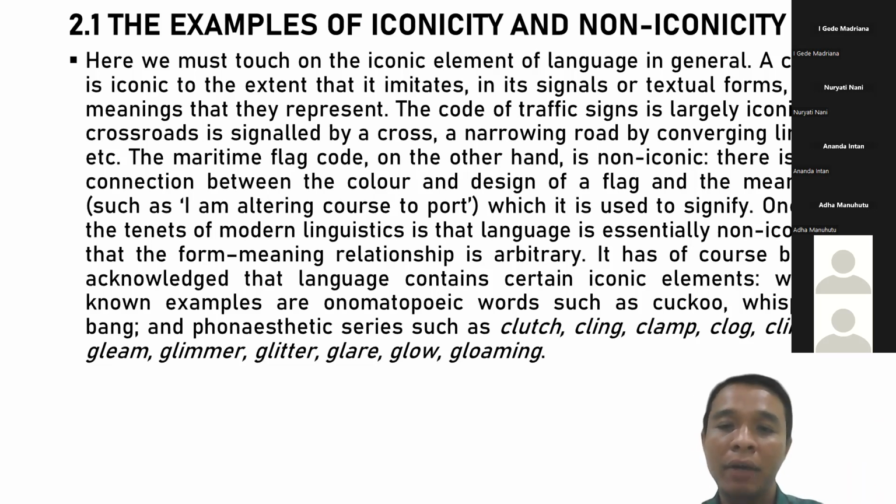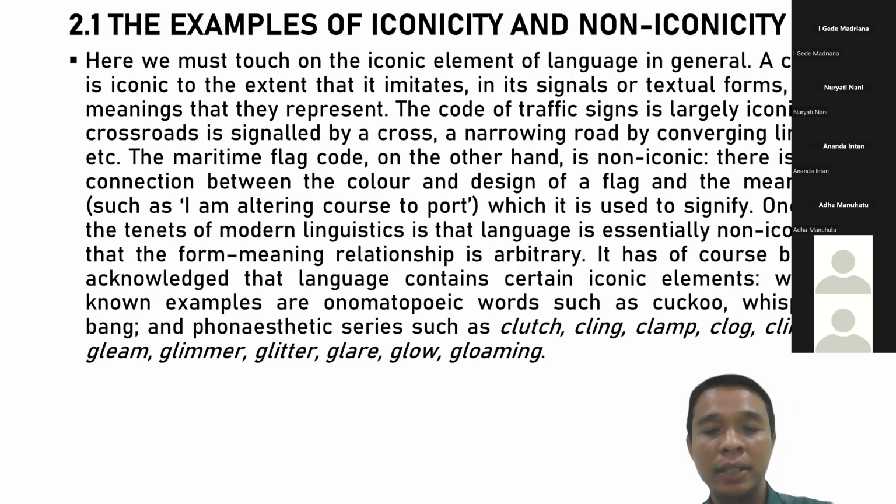Meanwhile, non-iconicity makes no connection between the color of the thing, the design of the thing, and the meaning.